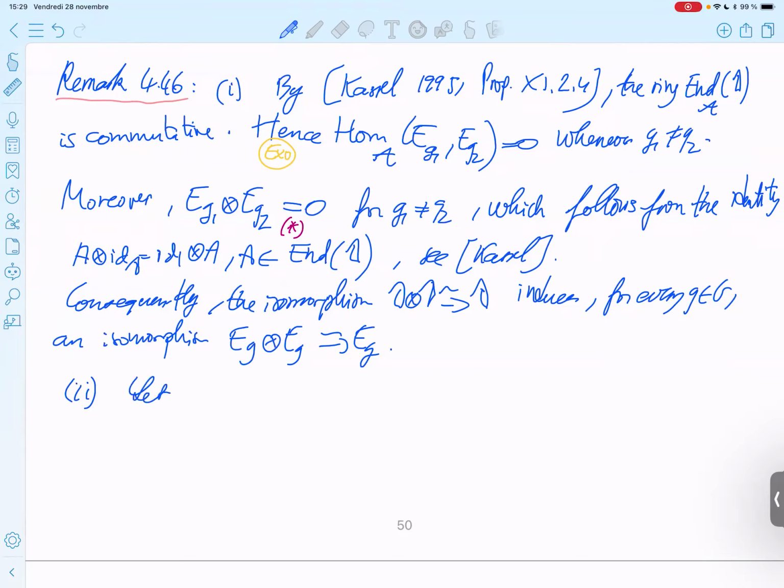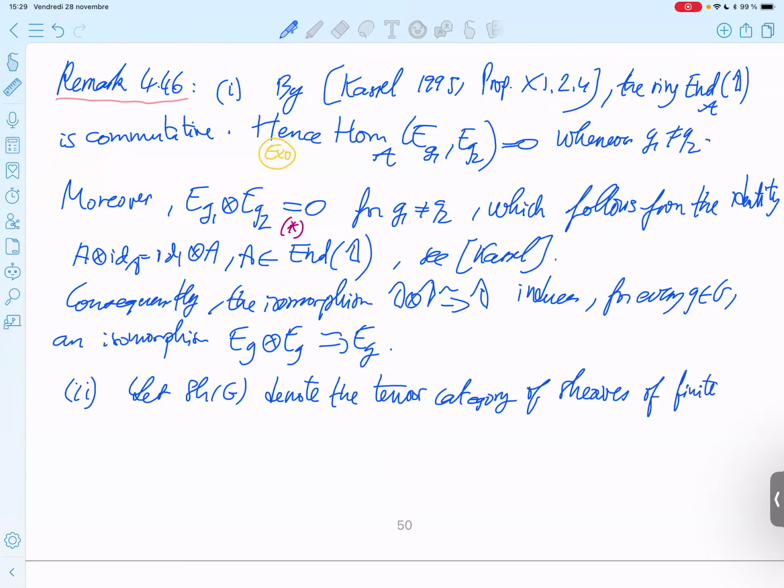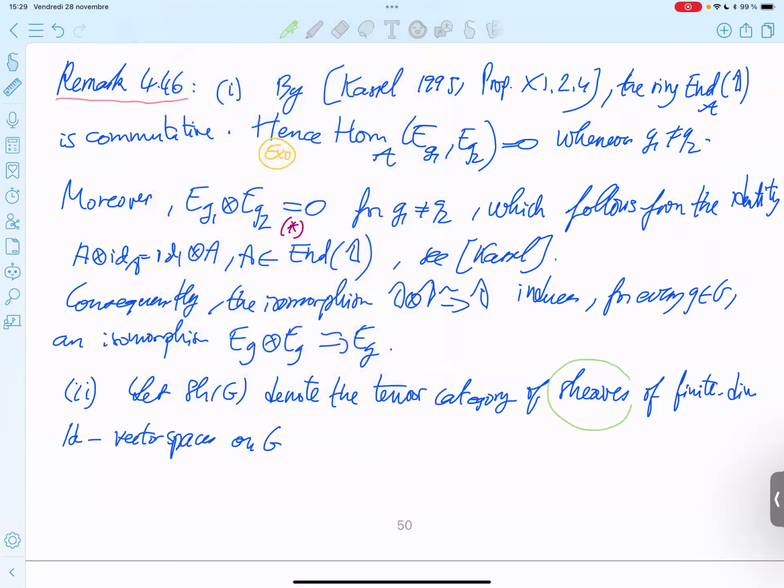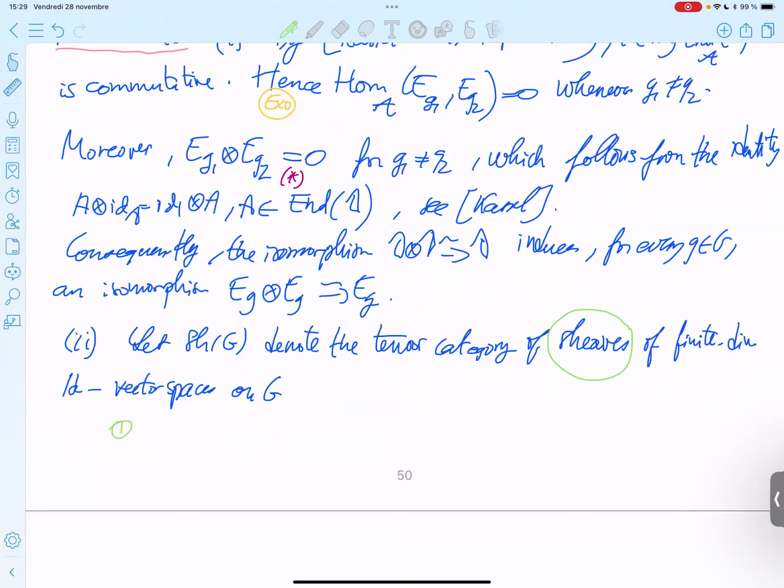But I will recall, let Sh(G) denote the tensor category of sheaves of finite dimensional K vector spaces on G. Let me mention something regarding sheaves.